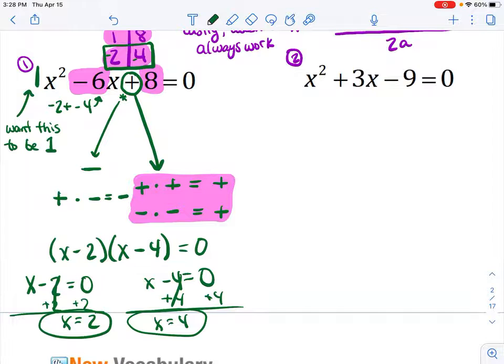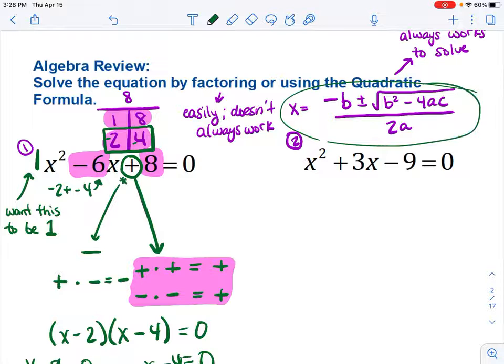We can factor if it is not 1, but that would take a couple more days and a couple other lessons to teach you how to do it that way. So if it is not 1 right now, we're going to go ahead and just defer to the quadratic equation, although it could be factorable still. Okay?